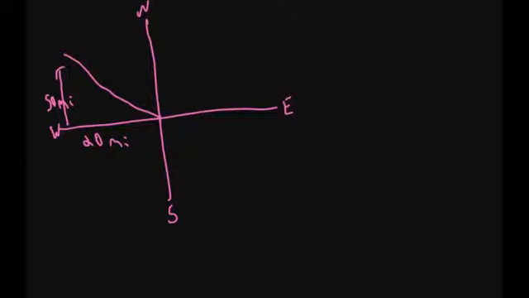So first, let's find the magnitude of the vector. We're going to do the square root of 20 squared plus 50 squared. If you're savvy on the calculator, you just type that in as all one thing: square root of 20 squared plus 50 squared. And you're going to get about 54 miles.